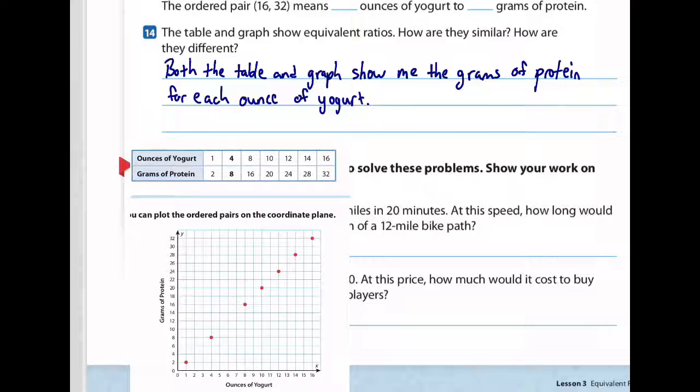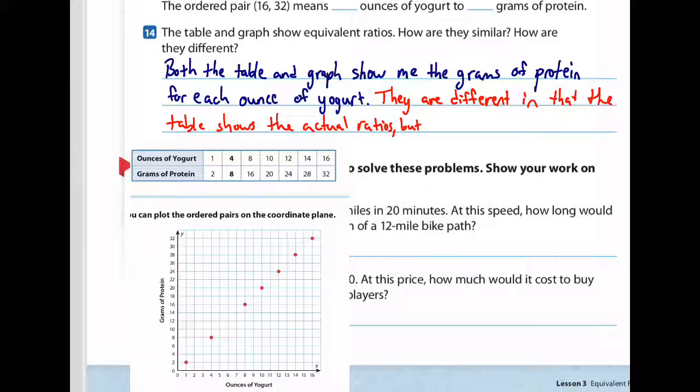Okay, so they are different in that the table shows the actual ratios. That's what I mean by the numbers.